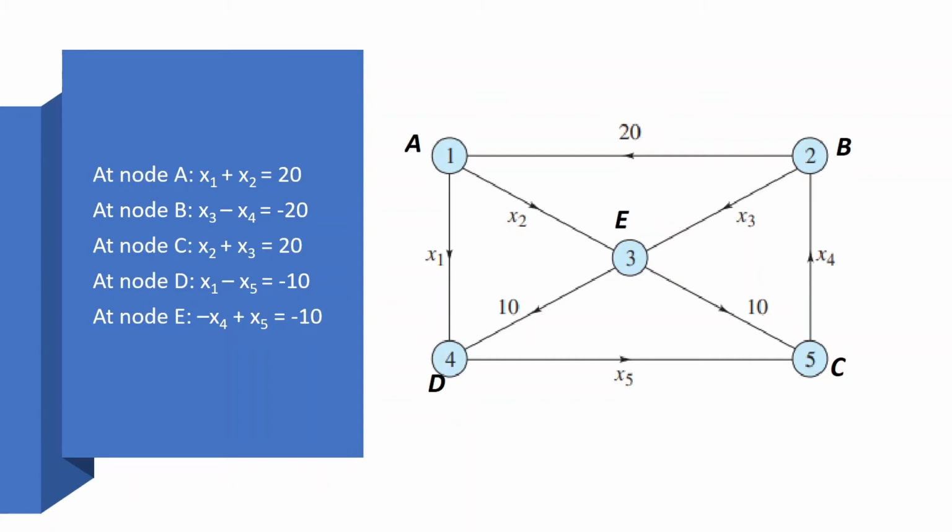Similarly for nodes B, C, and D. Node B: x3 minus x2 is equal to minus 20. Node C: x2 plus x3 is equal to 20. And at node D: x1 minus x5 is equal to minus 10, and at node E: minus 4 minus x4 plus x5 is equal to minus 10.